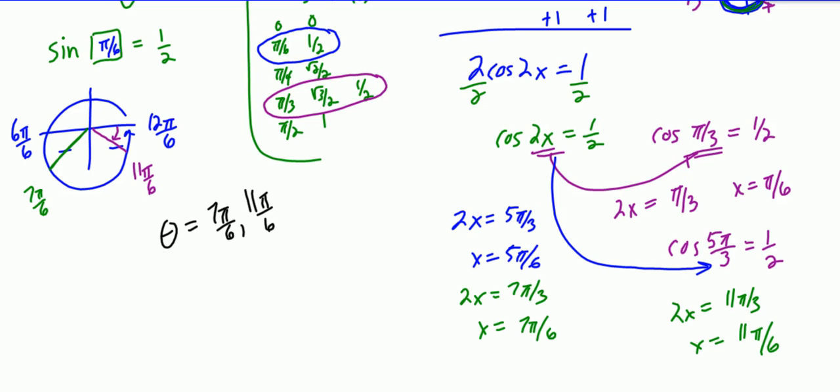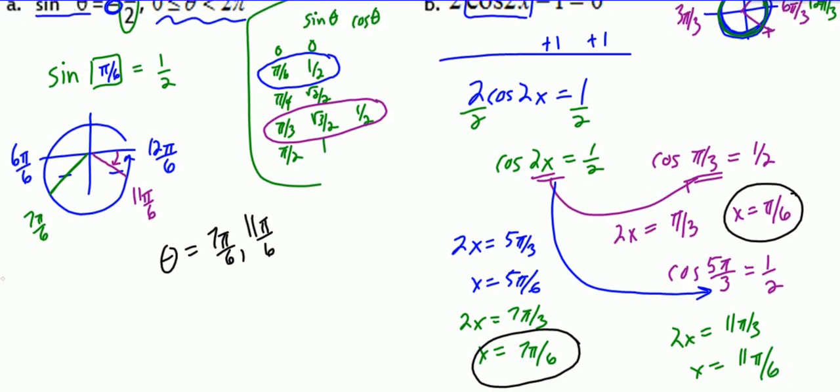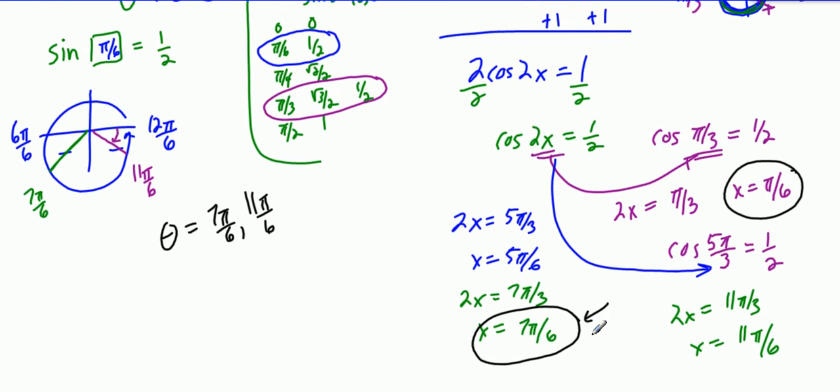In this case, if you notice, this pi over 6 and this 7 pi over 6 are exactly pi apart, right? 6 pi over 6 plus 1 pi over 6 is 7 pi over 6. And the next time you went around, this would become 13 pi over 3, which is exactly 6 pi over 6 up from 7 pi over 6.